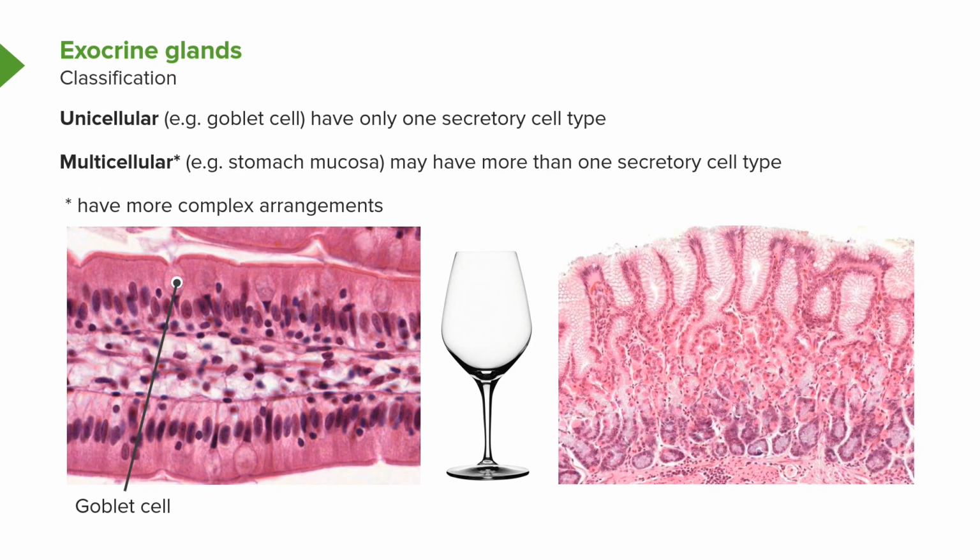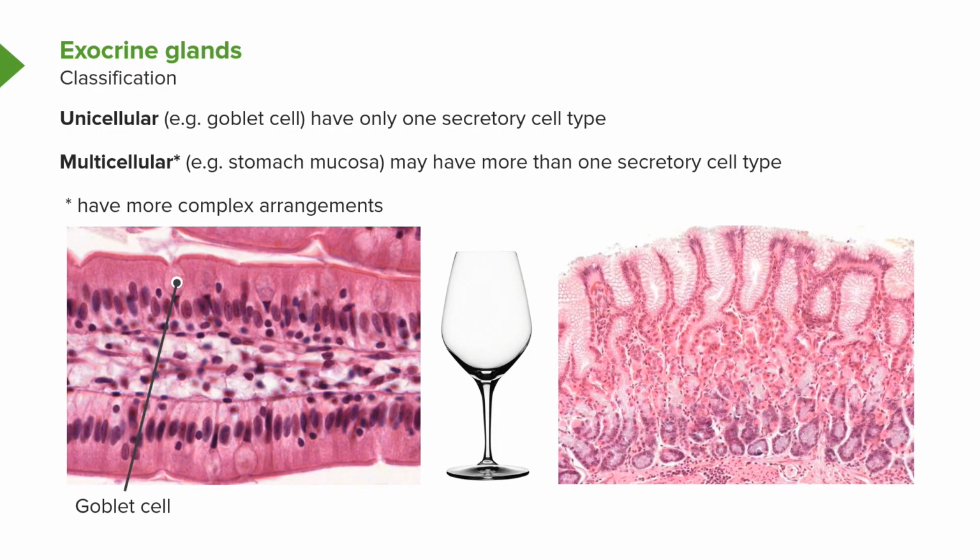Now, there are different ways in which exocrine glands are named or classified. First of all, if you look at the epithelial surface shown on the left-hand slide, the image of an epithelium in the gut, you can see single glands or single secretory cells called goblet cells.